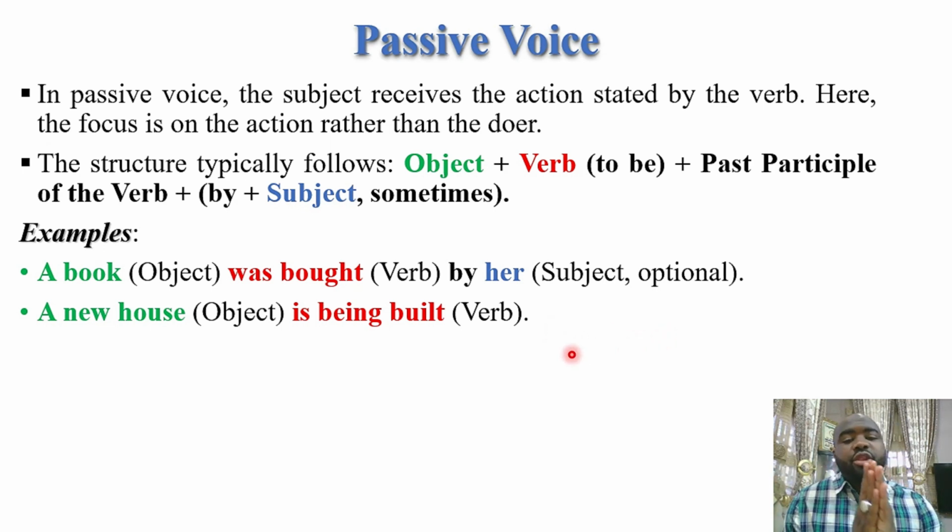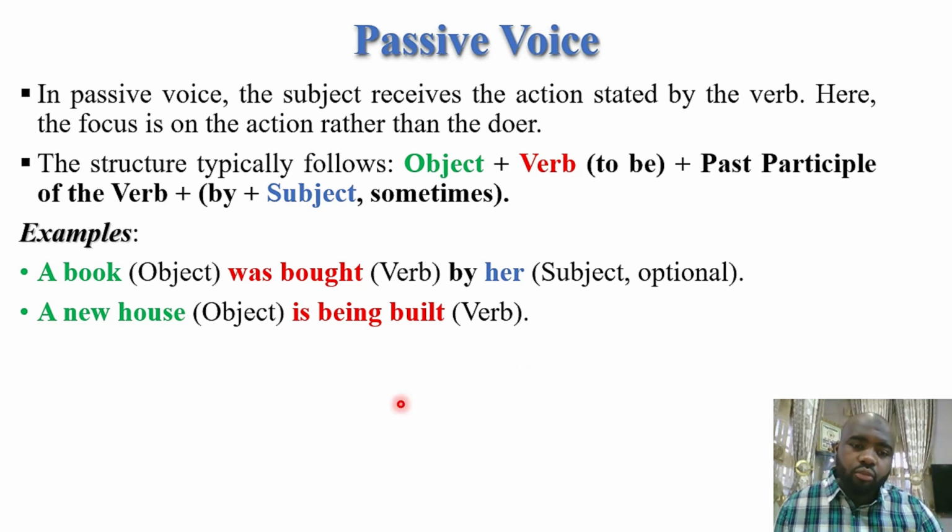Them is the pronoun in object position. So here we have a new house, which happens to be the object, and then the infinitive verb to be is being, since we already have an auxiliary verb there.